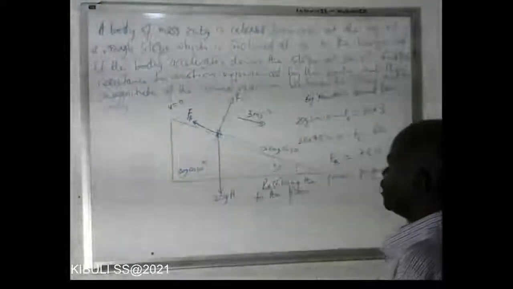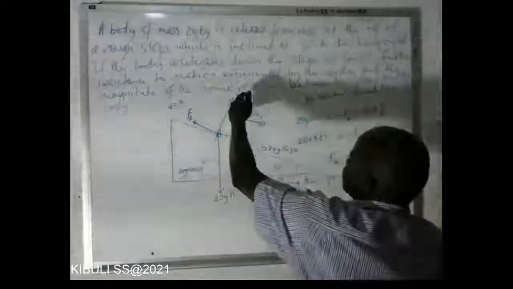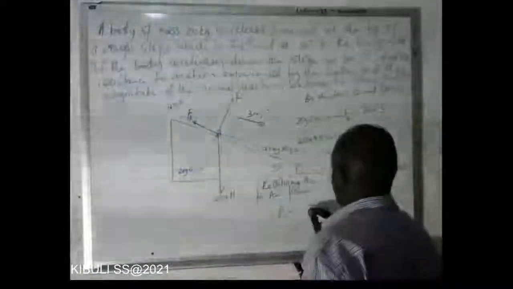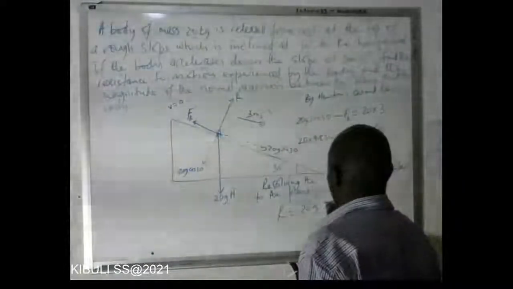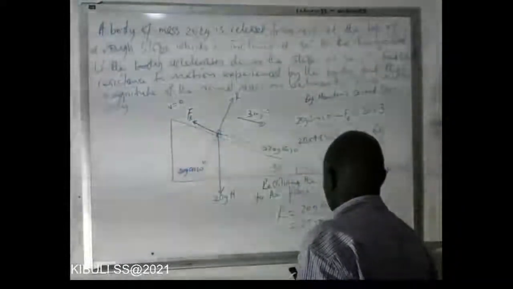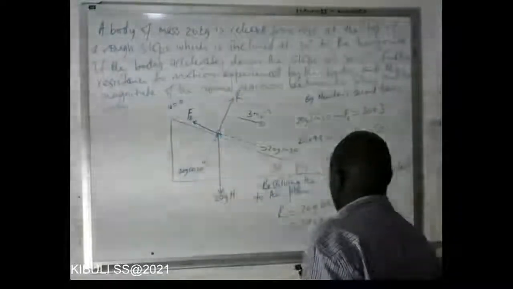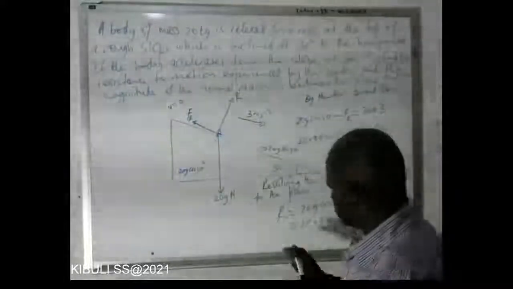When we do that, we are going to get R to be equal to this force, which is 20 G cosine of 30. Remember, G is 9.8, so 20 times 9.8 cosine of 30.